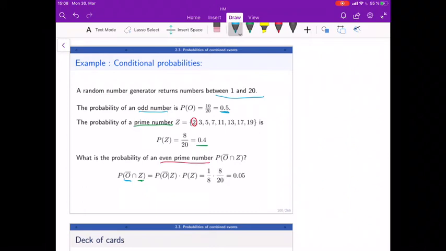So we can say, okay, that means it's even under the condition that it's prime. Now we need to look here. If we know it's a prime number, it has to be one of those 8. The even one in those 8 is the 2. So the probability of this is 1 in 8.